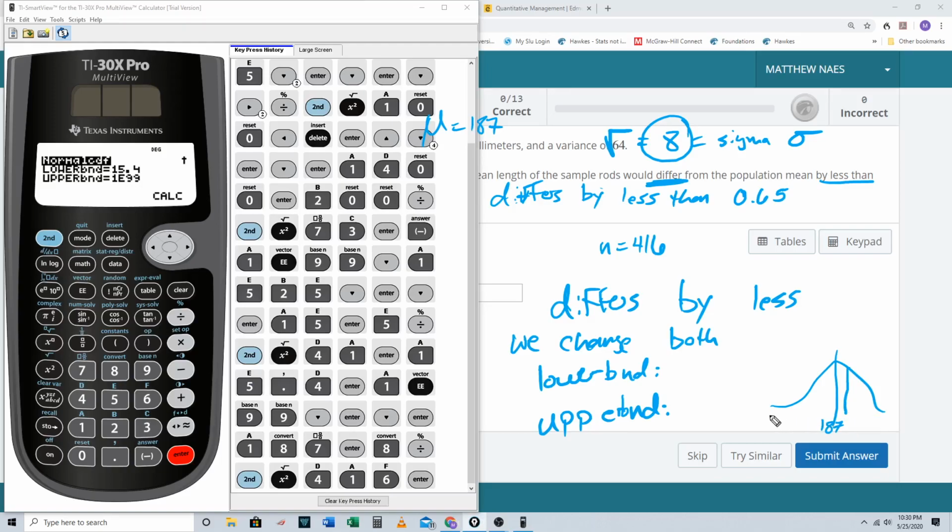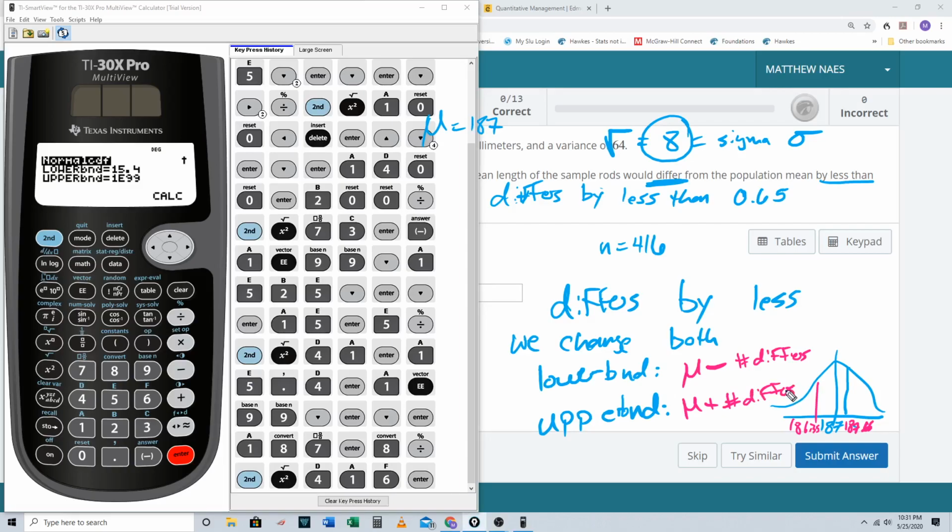So we can be above it, 187.65, and we can be below it, 186.35. So we're going to take the mean and subtract the number it differs by, and we're going to take the mean and add the number it differs by.